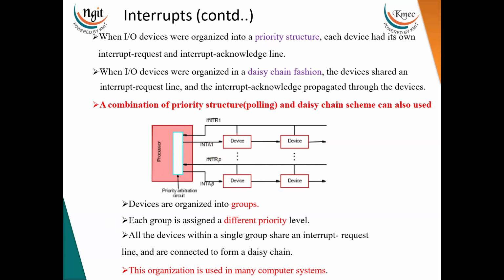Inside this group, the daisy chain system will again be followed. If device one has generated the request, this acknowledgement will be blocked by device one. Otherwise, it will be passed to the next one. Like that, many devices may get the chance for the interrupt. In this way, the microprocessor will handle the multiple devices.